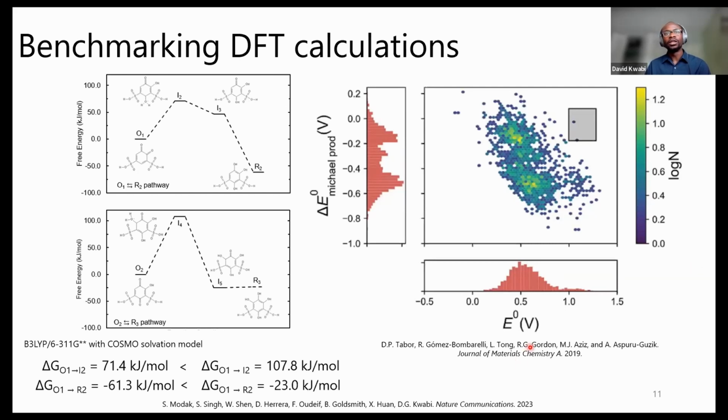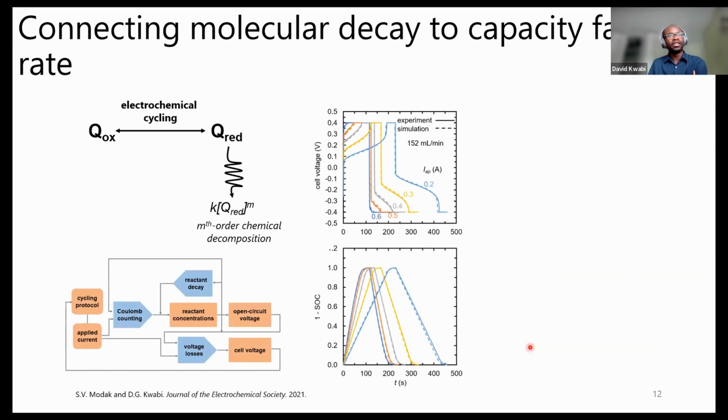Okay, so another benefit of these sorts of measurements is that we can actually start to, in principle, simulate capacity retention by taking the rate constants that we measure at the molecular level and feeding them into models that can help us predict capacity retention at the cell level.